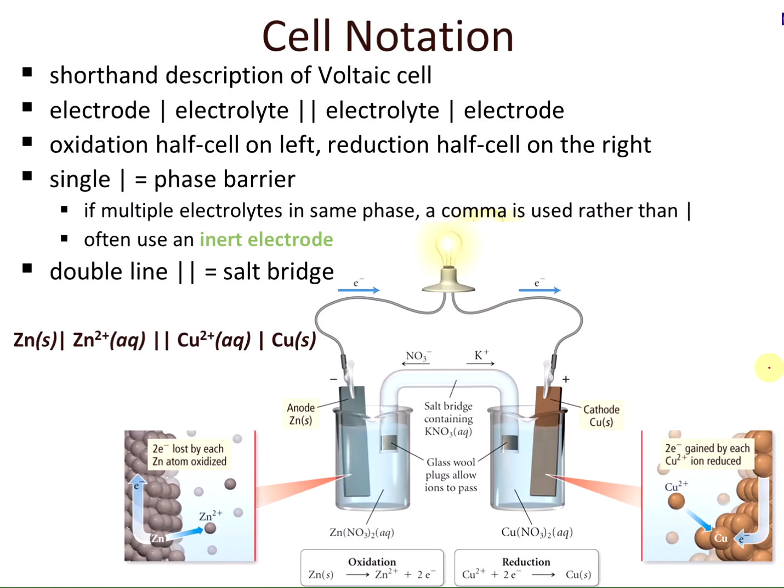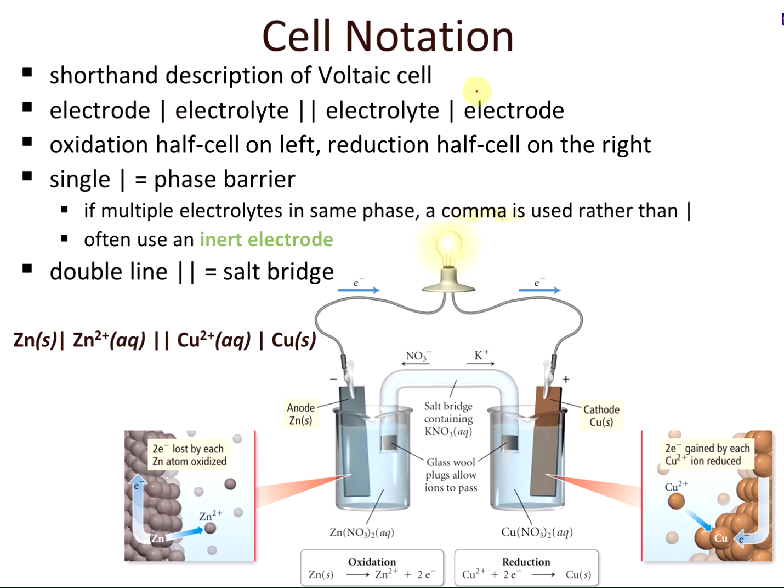Now next we want to look at cell notation. Cell notation is just a shorthand description of a voltaic cell. As we look at the cell notation, we have one half reaction, the oxidation half reaction, on the left, and the reduction half cell on the right. The first line here is separating the electrode and the electrolyte, so the solid and the aqueous.